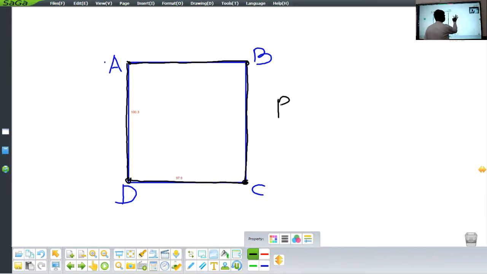So what is the perimeter? Perimeter is nothing but the distance all around.